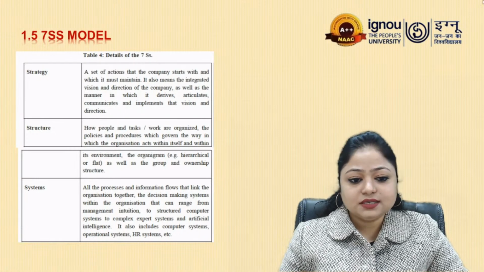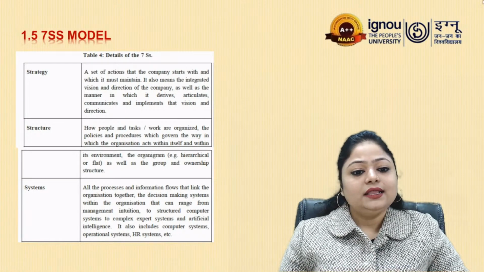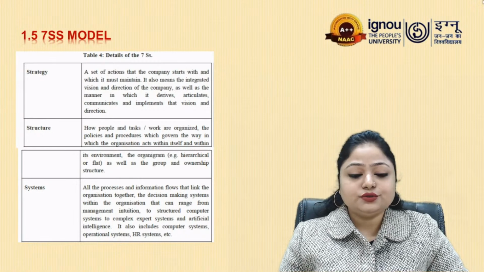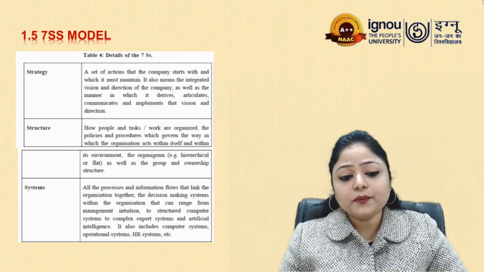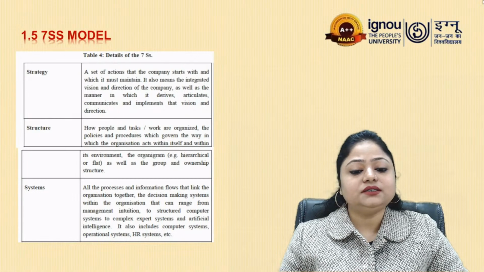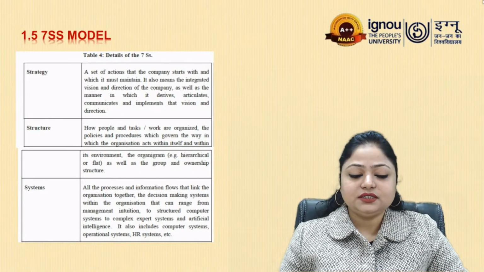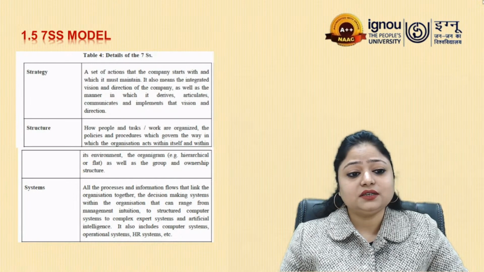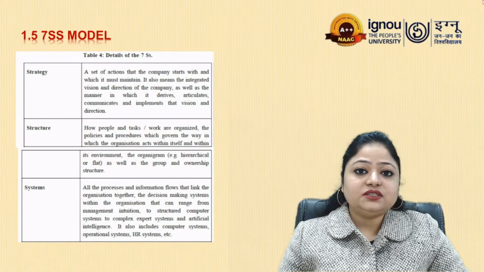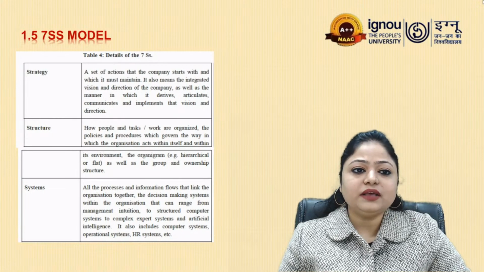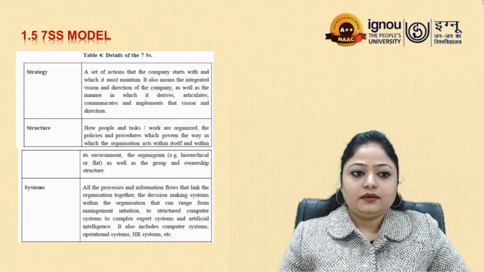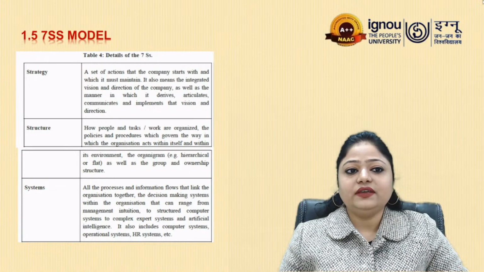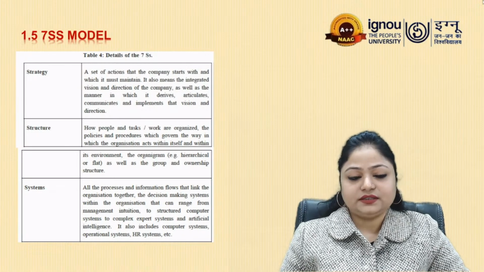The decision-making system within the organization can range from management intuition to structured computer systems to complex expert systems and artificial intelligence. It includes computer systems, operation systems, HR systems, marketing systems, and research and development systems. So system as a whole is again one of the 7S in the 7S model.